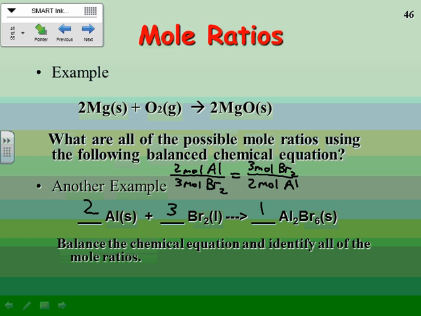Okay, so we'll compare the aluminum to the product. The way we would say that is 2 moles of aluminum can make 1 mole of Al2Br6. That's not 2 moles of aluminum by itself; it has to react with the bromine. And same thing here, we can switch this.